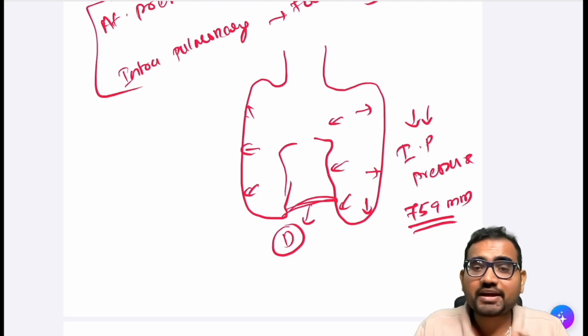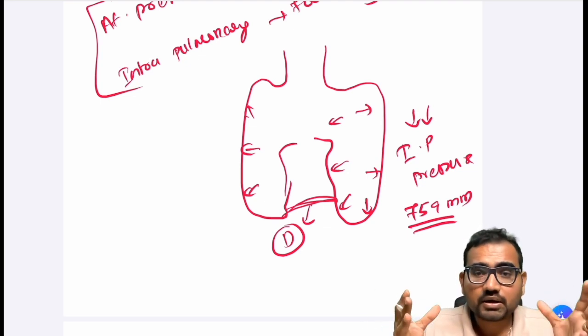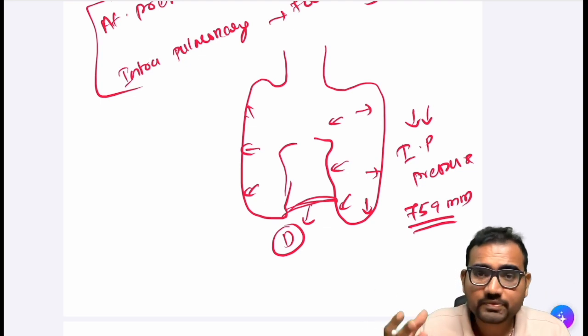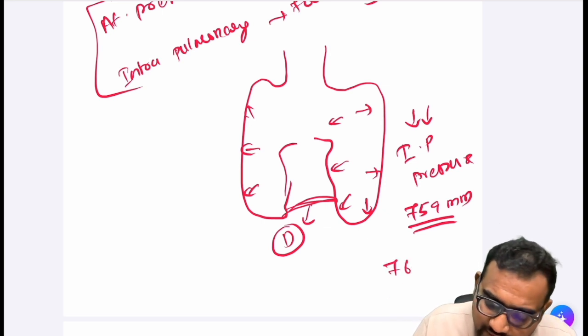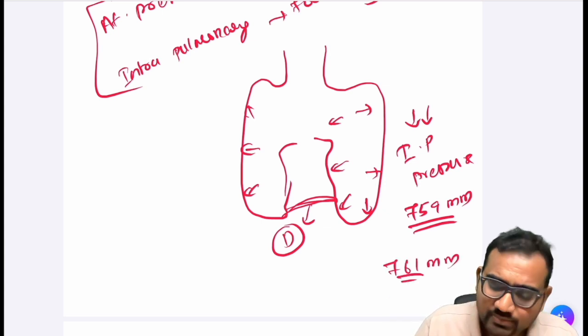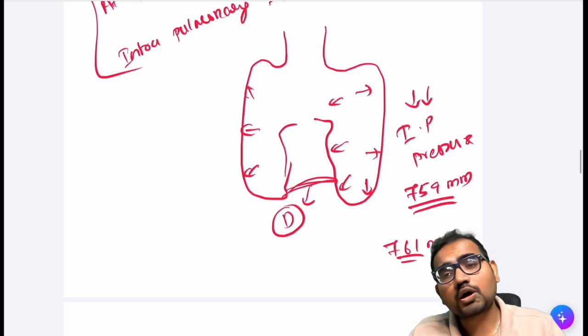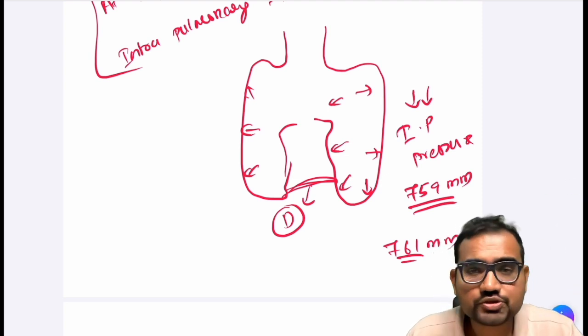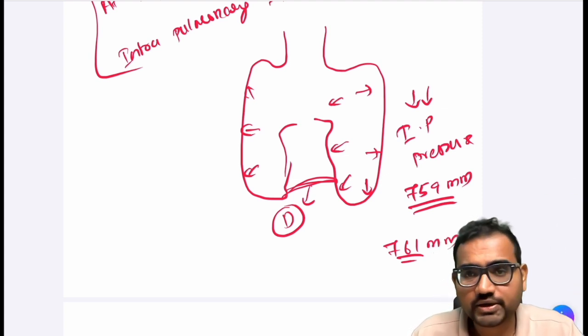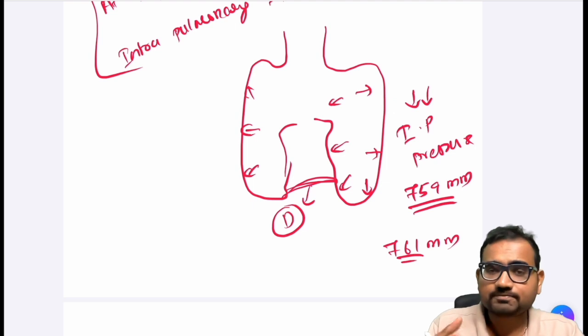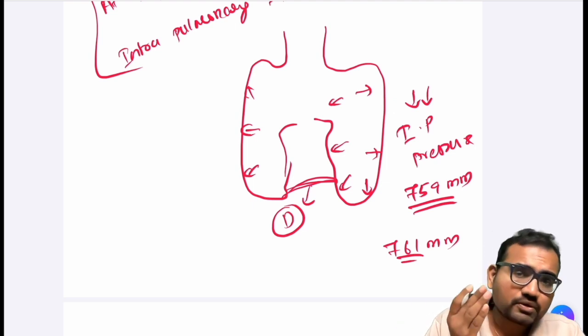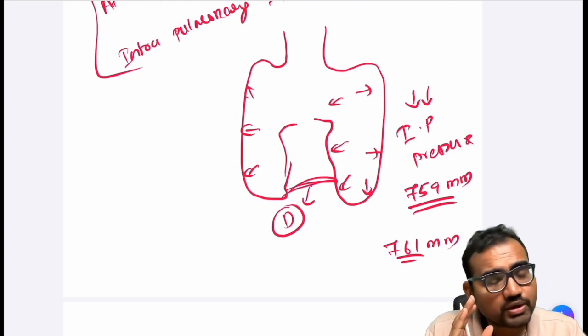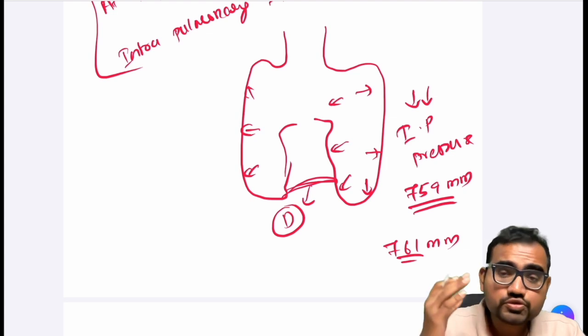Similarly, when the diaphragm relaxes, the opposite reaction takes place. The pressure is going to increase by 1 mm, to 761 mm, so the air moves out of the lungs to the atmosphere. This is what is happening in inspiration and expiration. Again, quiet respiration is controlled by only one muscle, the diaphragm. There are also other muscles involved.